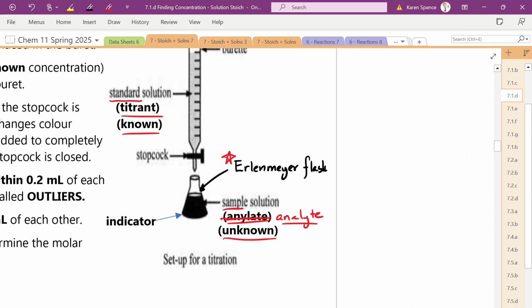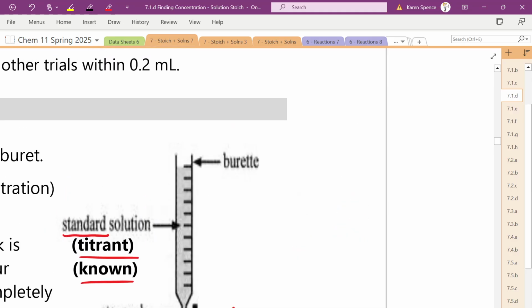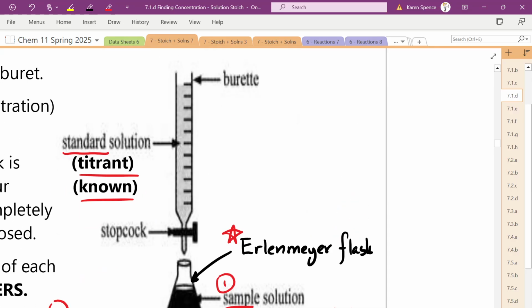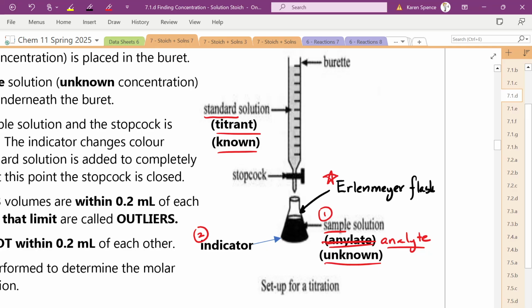So what do we put in here? In our Erlenmeyer flask goes number 1, our sample, and number 2, our indicator. In our burette goes the standard solution. And then we drip, drip, drip, drip, drip, drip, drip until we see a color change.